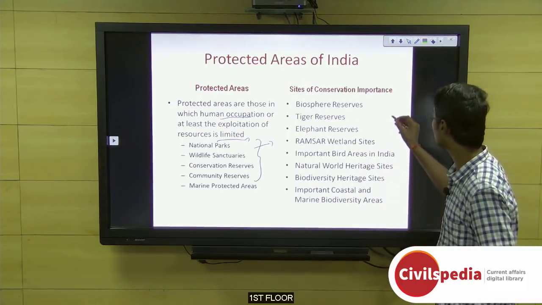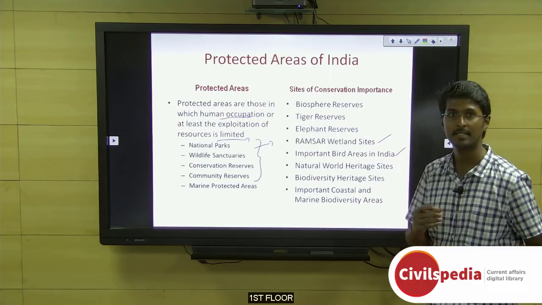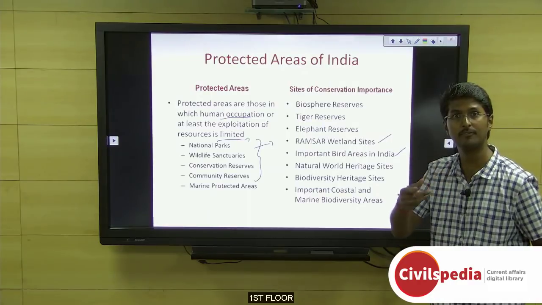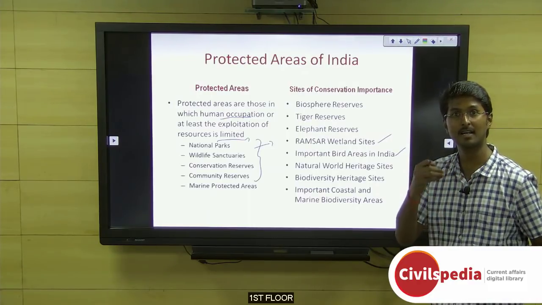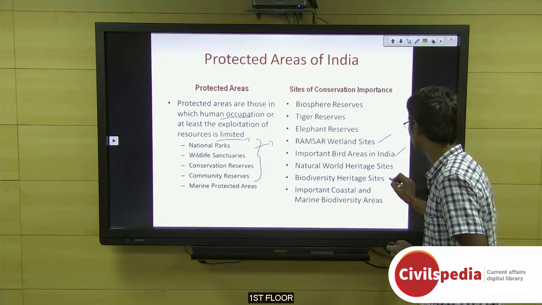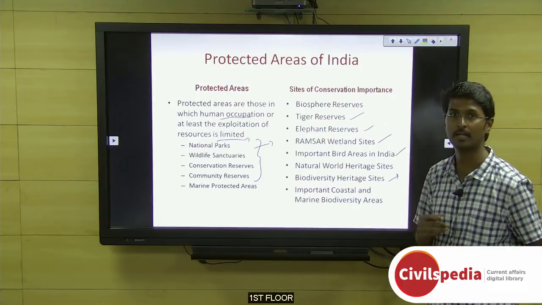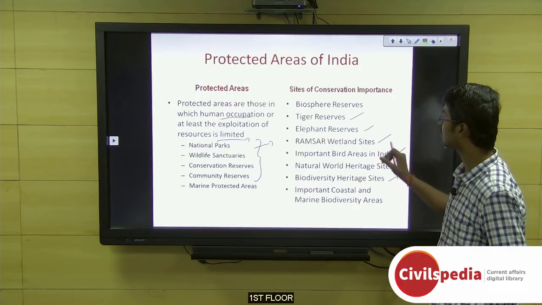Some of these have been classified with the help of international organizations, and some have been classified domestically within India, like the biodiversity heritage sites, the tiger reserves and the elephant reserves. So this is all about it.